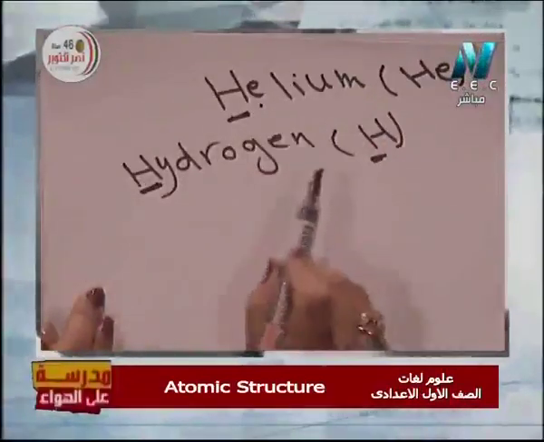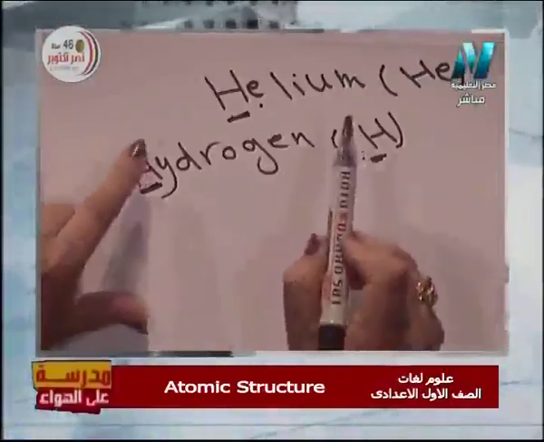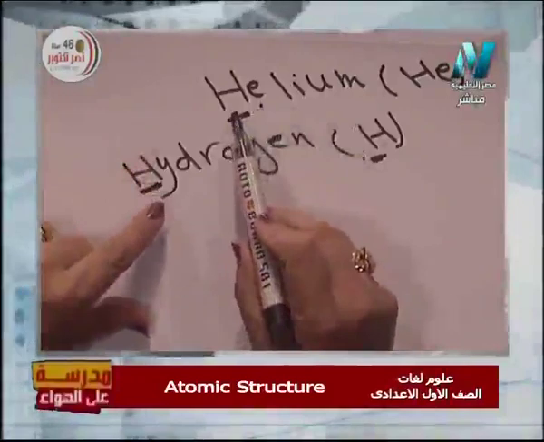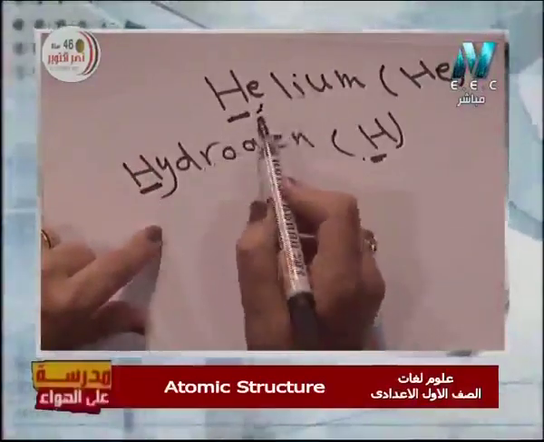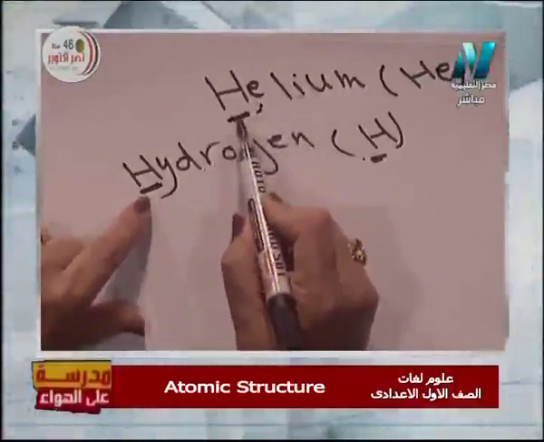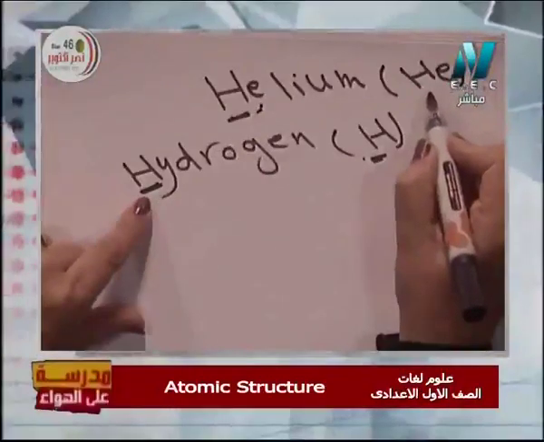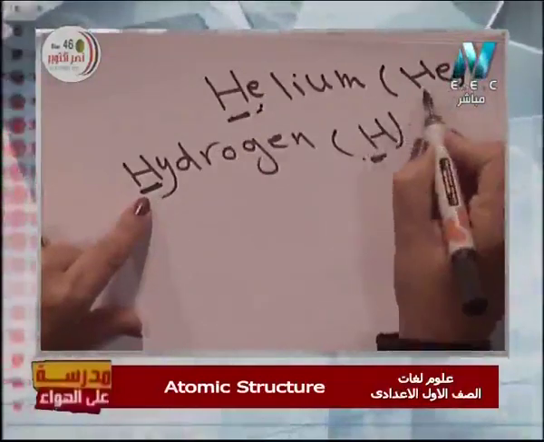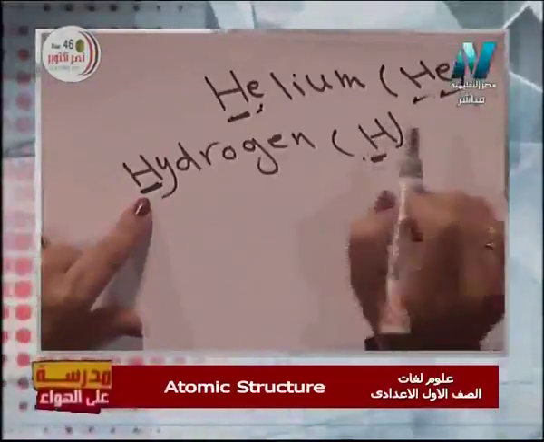Okay? So some elements are represented by a symbol of the first letter, and other elements are represented by the first letter and the second letter. Why? Because some elements are similar in the first letter. Now I have a condition to write a symbol that consists of two letters: the first letter is written in capital and the second letter is written in small.